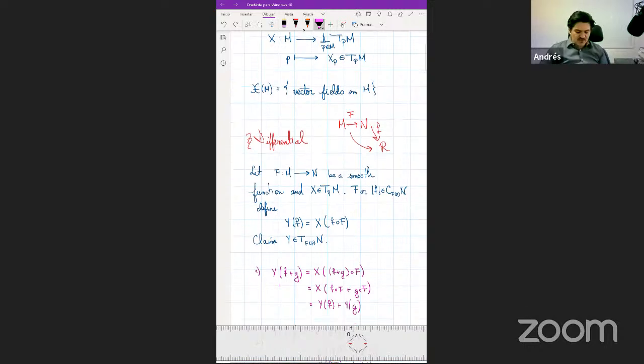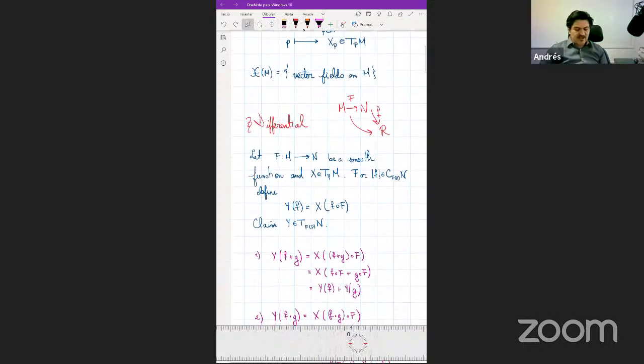And for the product rule, so again, I have f and g, the functions. And also, to be more precise, I'm avoiding putting the square brackets, right? Remember that this is a quotient. So I'm just writing down the function everywhere. I'm omitting the brackets, but keep in mind that they are equivalence classes.